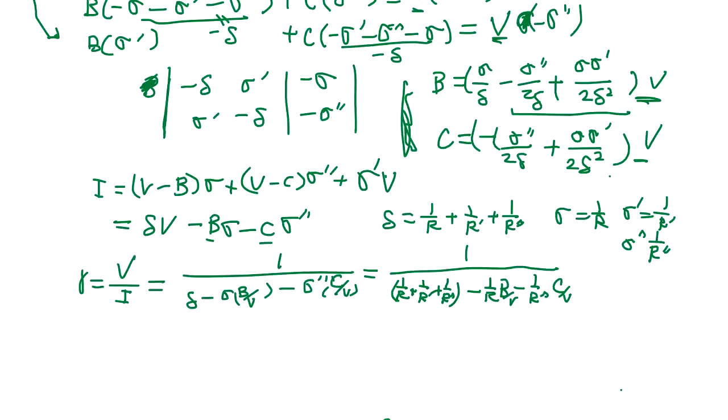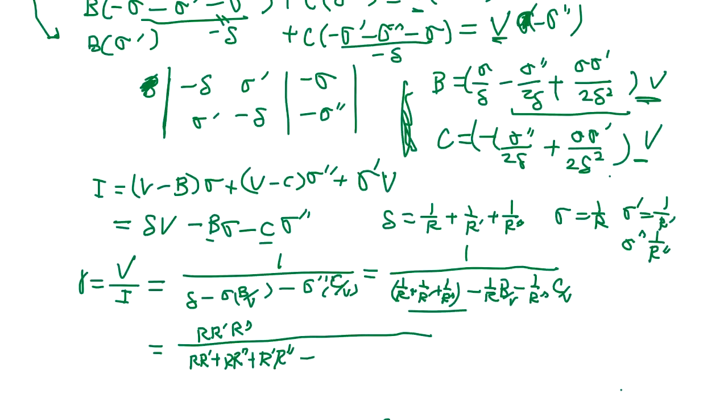the first thing to do is multiply R1, R prime, R double prime. So it's going to be R prime plus R double prime plus R prime, R double prime, this one, right?